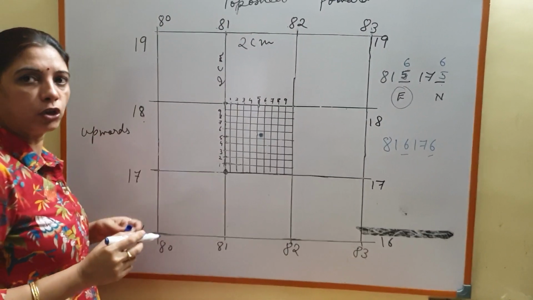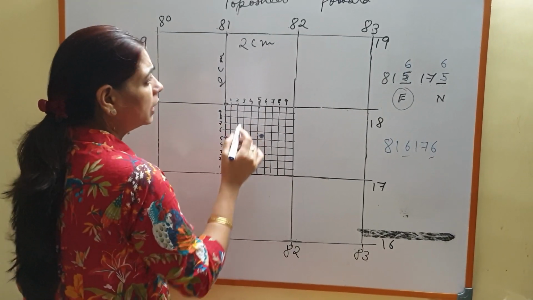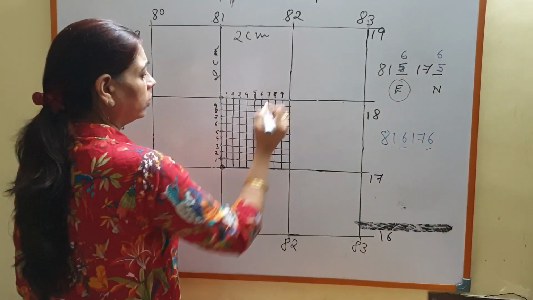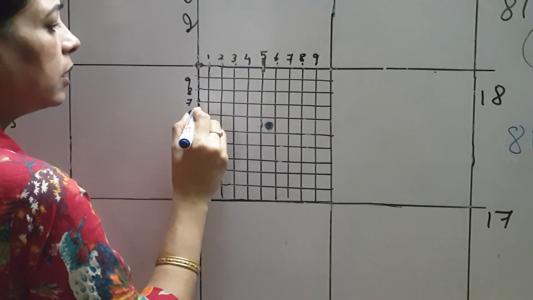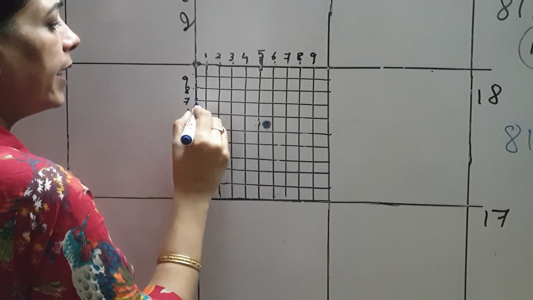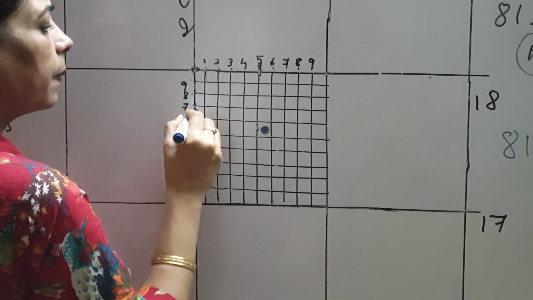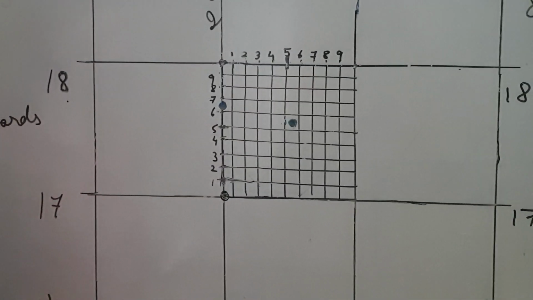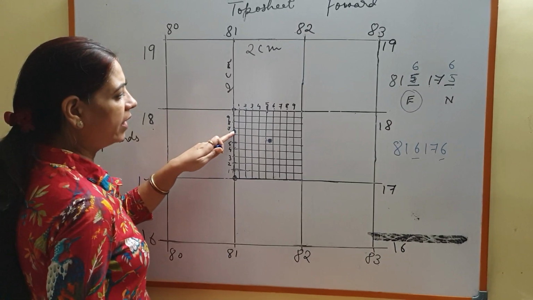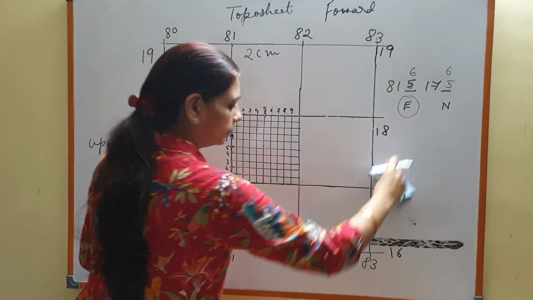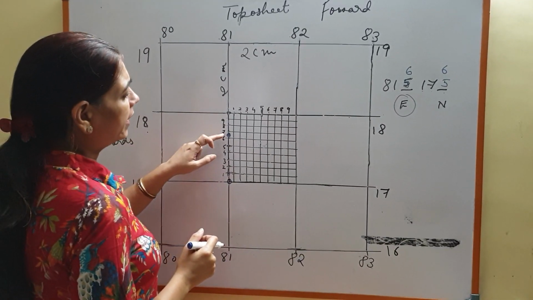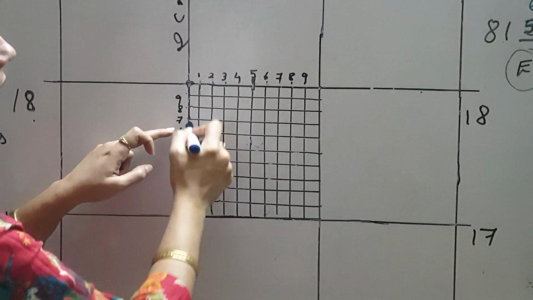Now another one we are going to do. Same way, suppose I ask you to find out the six-figure grid of a perennial well lying here. Now this perennial well is here, right? This one I am erasing. This perennial well lies on the easting.